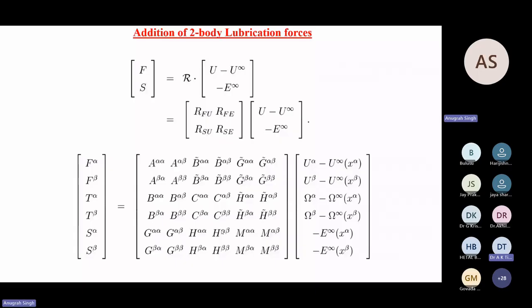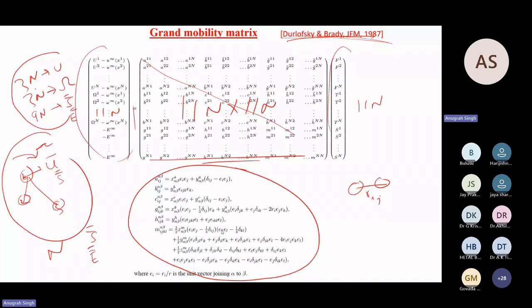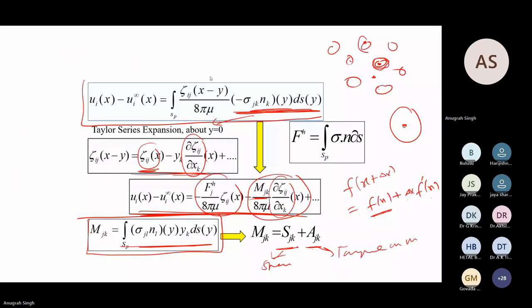Now, I told you that these mobility matrices are computed based on the multipole expansion, a Taylor series, and in the Taylor series we neglected higher order terms. These higher order terms become more and more important when the particles are coming closer. That means 1 over r cube will also not be small, so you'll have to consider even those terms.